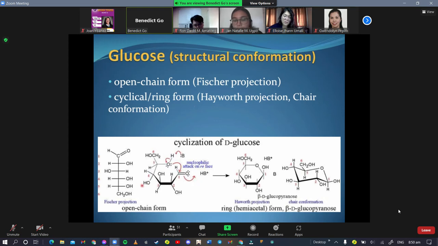Now, what happens here is that glucose from the open form will form a hemiacetal, thus producing a cyclical or ring form, either projected as Haworth or chair conformation. Now, these Haworth and chair conformations are actually the same thing. It's just how it is written or drawn. Okay, so closed loop.